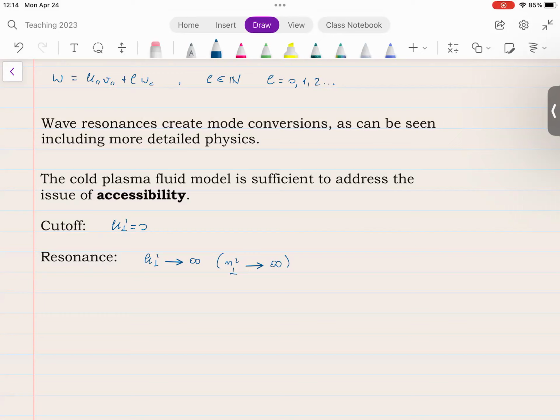And a couple more things. We're going to ignore a lot of things, but we're going to keep in mind that the toroidal field is proportional to 1 over r.